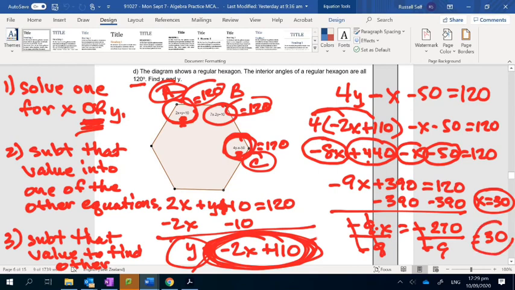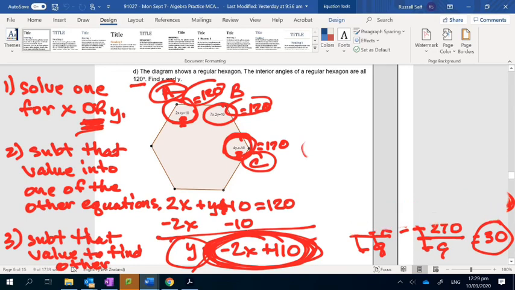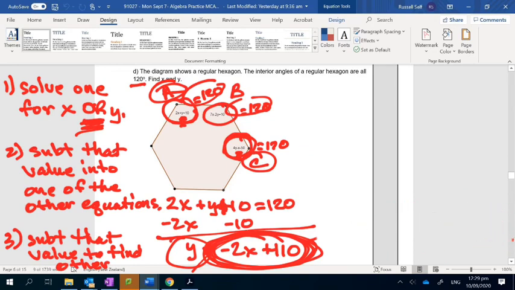Now, we'll take this 30 and put it anywhere in place of what? Be careful, x. It's x equals 30. Anywhere in place of x. Does it matter which one? No, but we should just use the first one. Fine with me. I don't care. Why don't I care? Because if x is 30 in one of them, then it's the same in the other. It's the same in all of them.